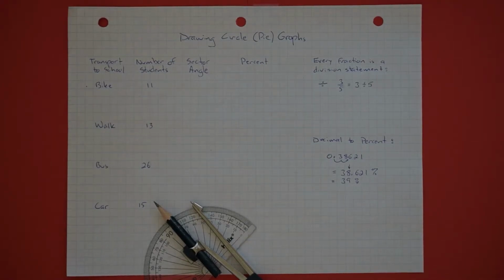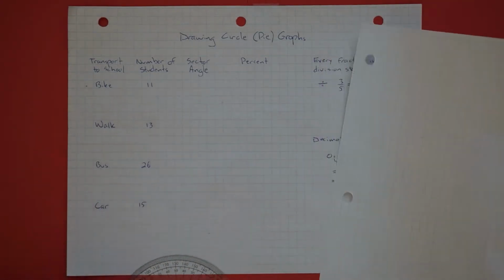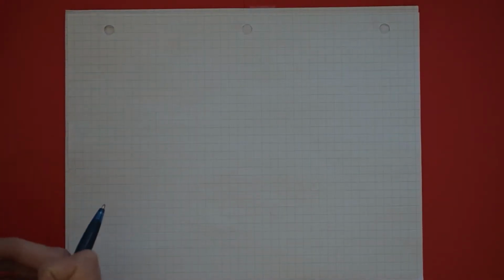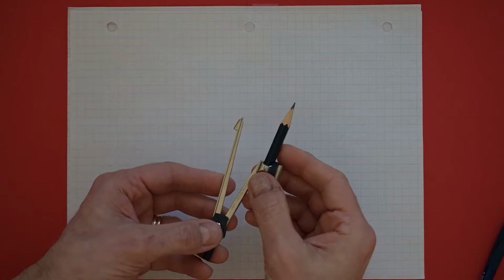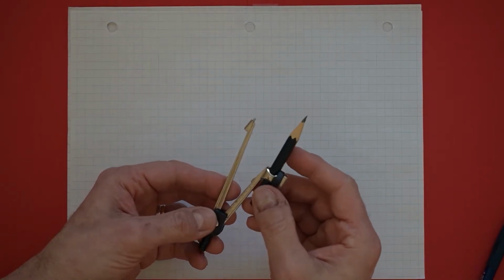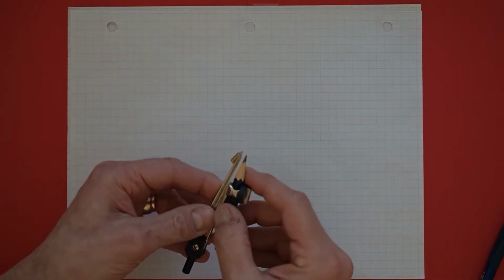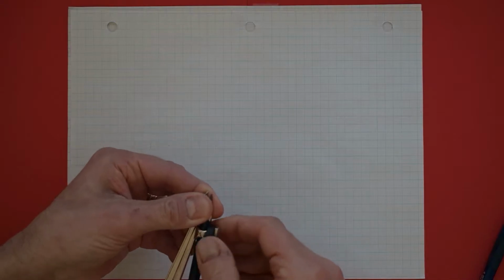Okay, so let's begin by creating the circle that we're going to need for this particular graph. And you'll see here, this is probably very typically what you will have in your math sets at home. And so what you want to do is get that pencil point as close to the metal point as you can, and then tighten it up.